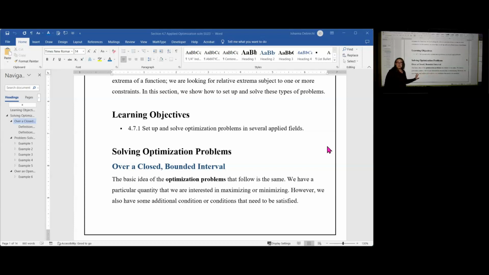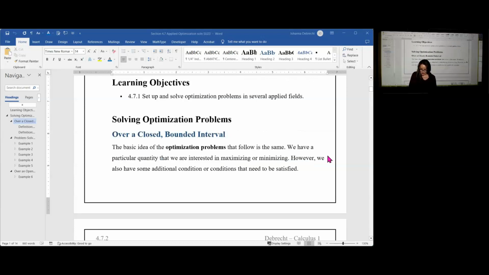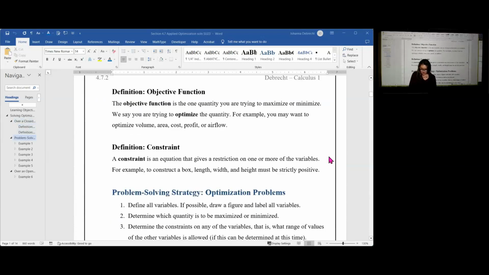What we want to solve is what's called an optimization problem. When we say we're trying to optimize a quantity, we're saying we want to either maximize it or minimize it. Optimize is sort of a generic term that means both. The objective function is the one in which the quantity we're trying to maximize or minimize is represented with other variables.